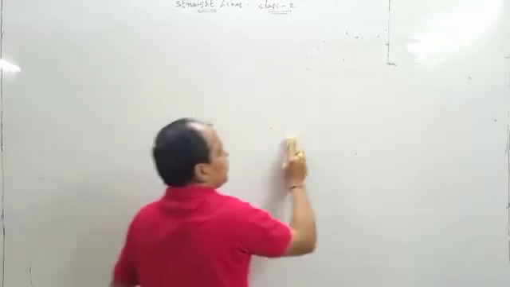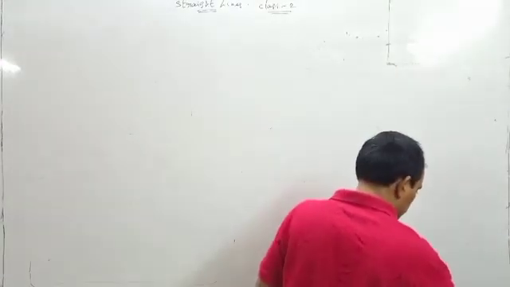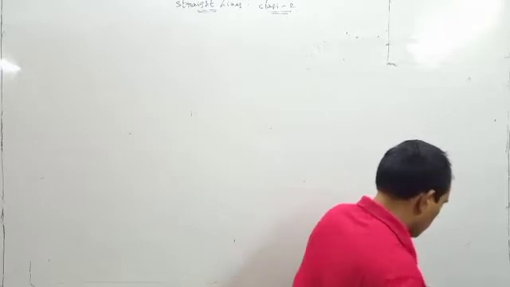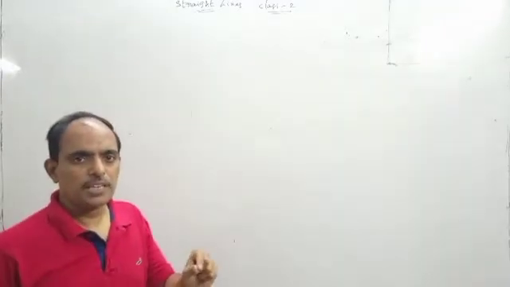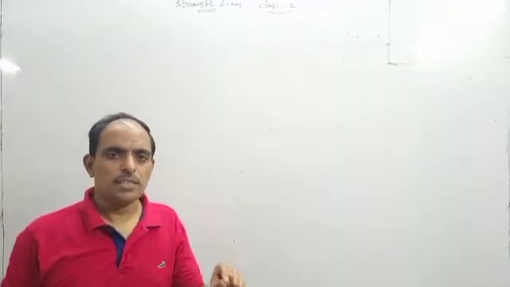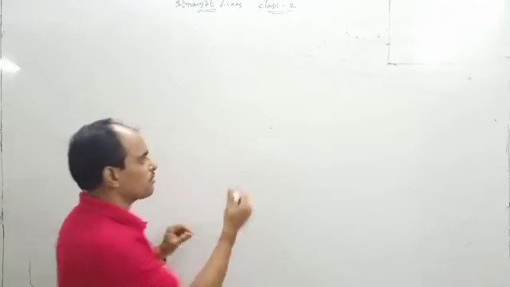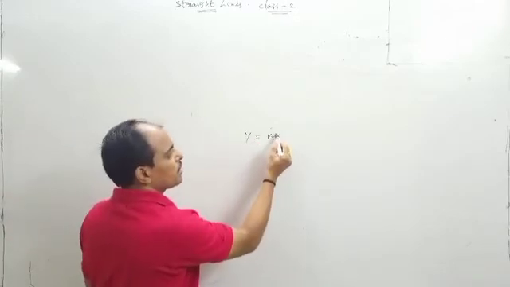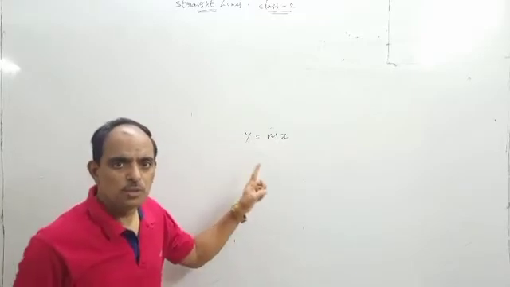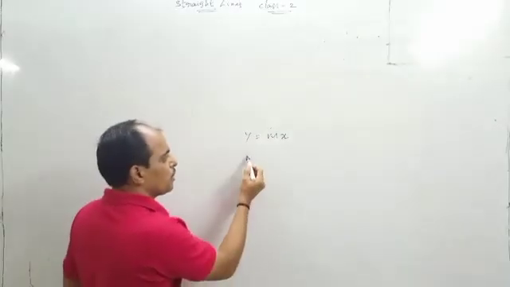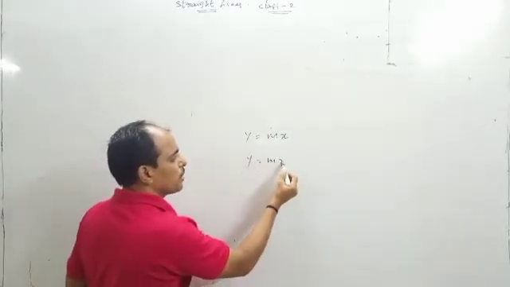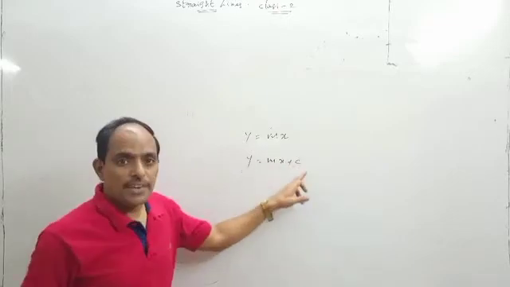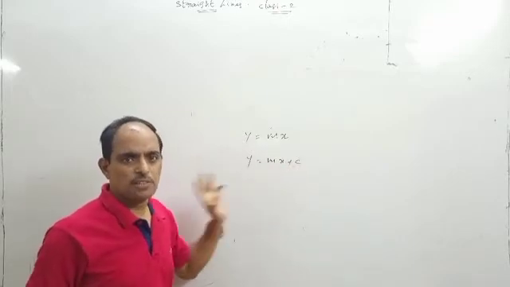Okay, now we'll do some problems. Equations are remembered, right? If a line is passing through origin, what will be the equation? Y is equal to mx. Next, y is equal to mx plus c when y intercept and slope are given.